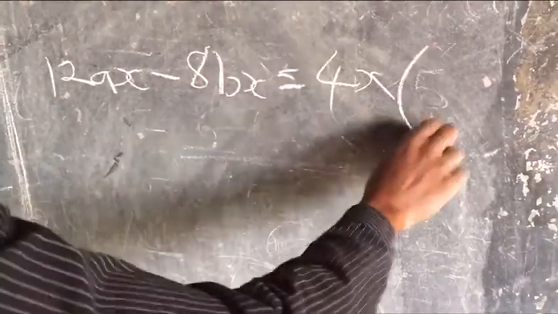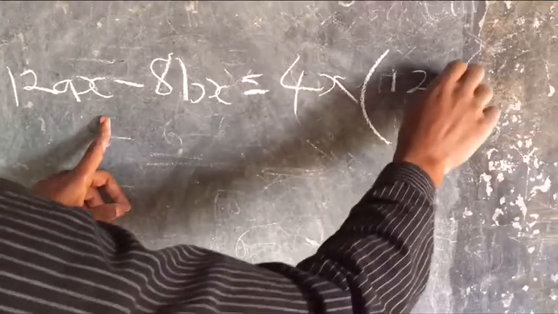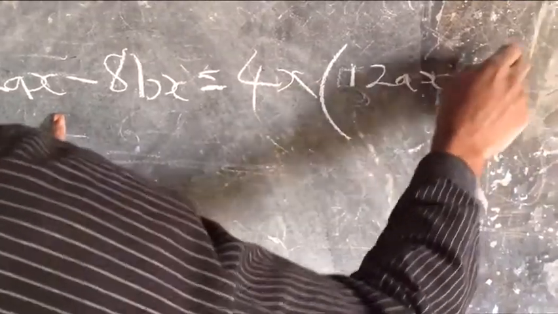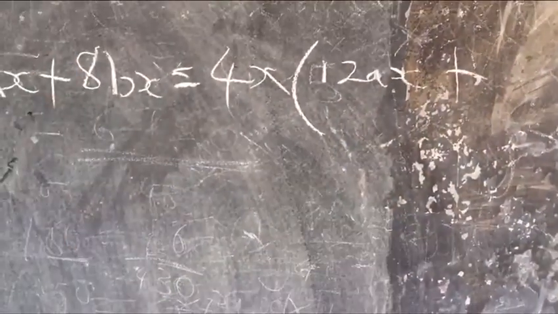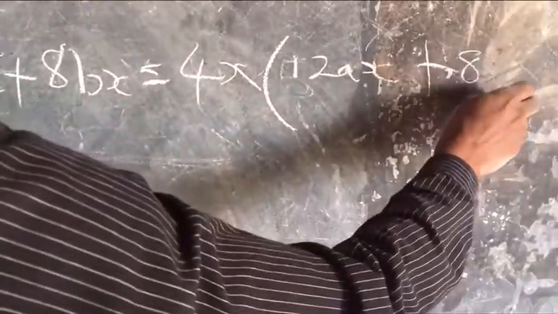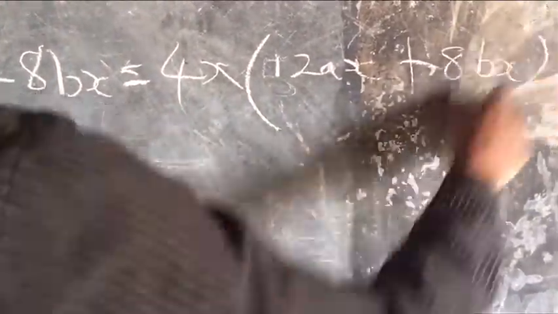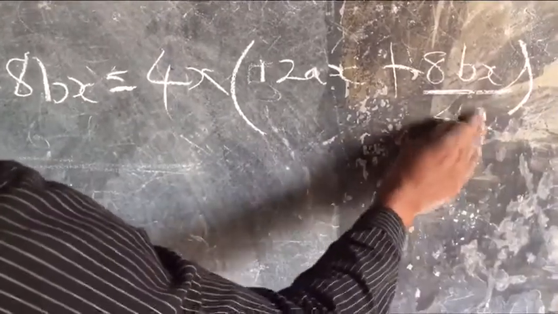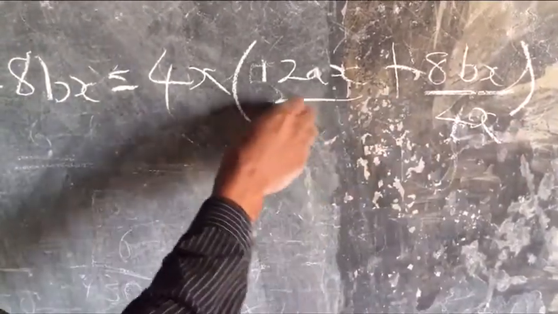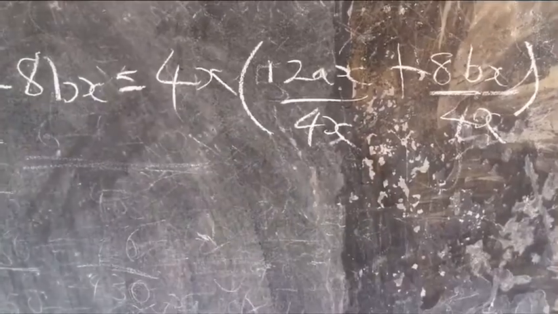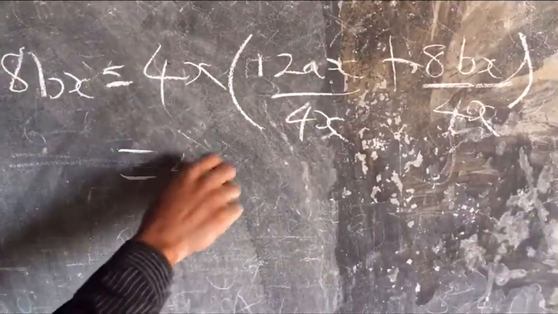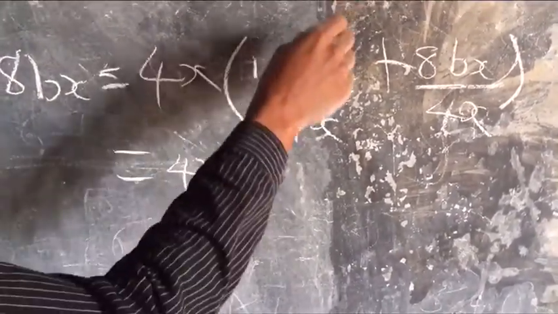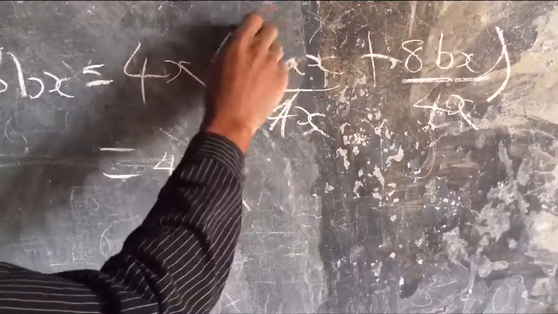So 4x will have 12ax plus 8bx like this. So we'll divide them by 4x, divide them by 4x. And if we do that, we'll get 4 here 1, 4 here 3.